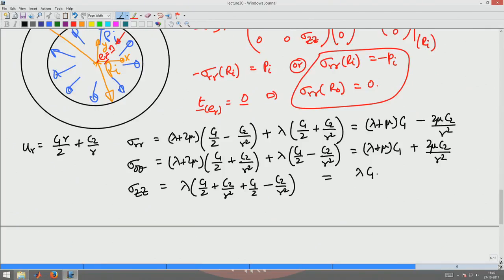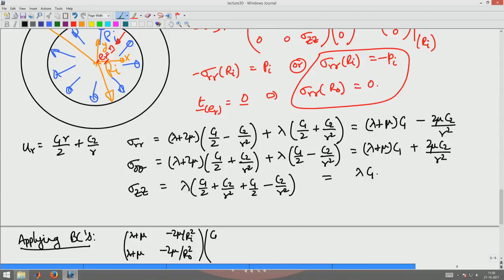Applying the boundary conditions, you get lambda plus mu minus 2 mu by Ri square, lambda plus mu minus 2 mu by R naught square to C1 C2 is equal to minus Pi 0.